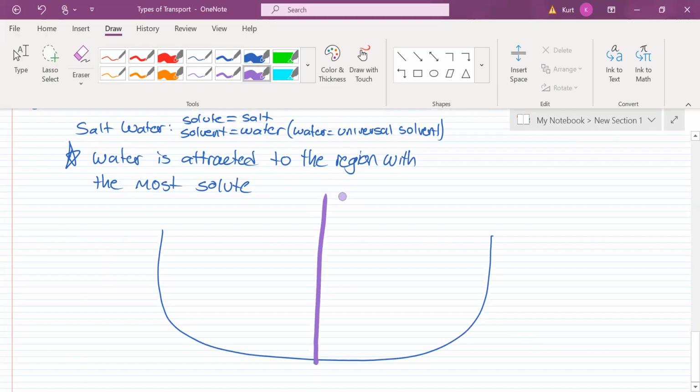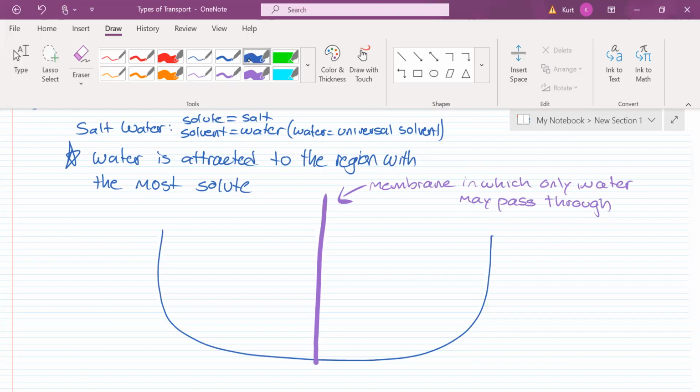So this purple line that you see here is a membrane, but it's not going to be a phospholipid bilayer. This is a membrane in which only water may pass through. Okay? So let's put our water up in here. And we're going to put sodium ions all throughout this.